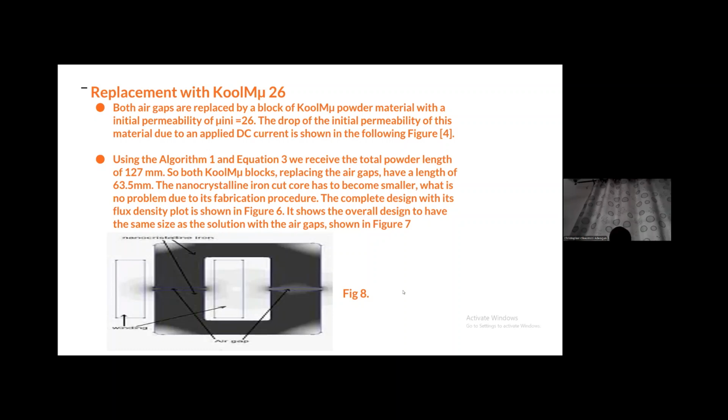If you want to design or construct without using the existing framework, the complete design is shown in figure 6, which we've seen previously. It is also known that the overall design is to have the same size as the solution with the air gaps, so the sizes should not vary.